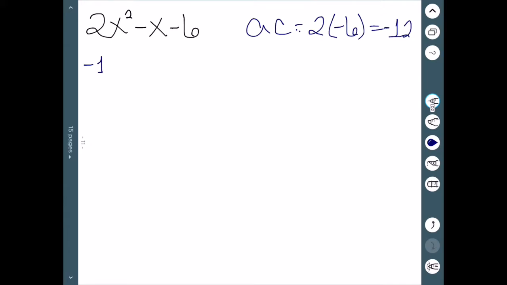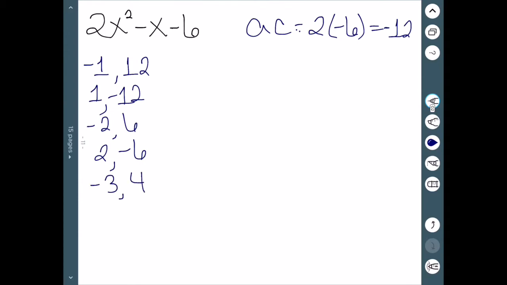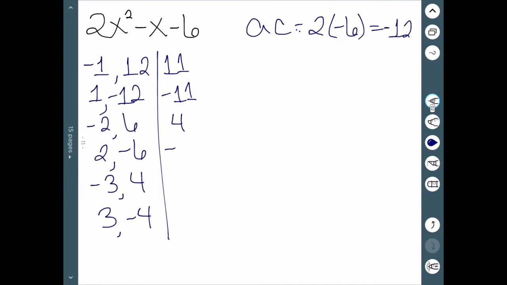I have negative 1 and 12, or 1 and negative 12, negative 2 and 6, or 2 and negative 6, and negative 3 and 4, or 3 and negative 4. When I add these, I get 11, negative 11, 4, negative 4, 1, and negative 1. And I can see in my problem that I need the negative 1.